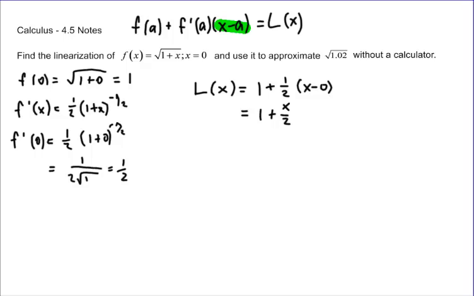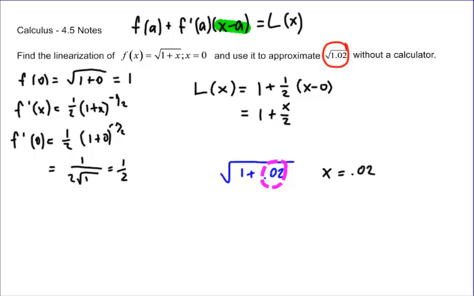So if we want to look at this guy right here, we're looking at the square root of 1 plus 0.02. That means x equals 0.02.